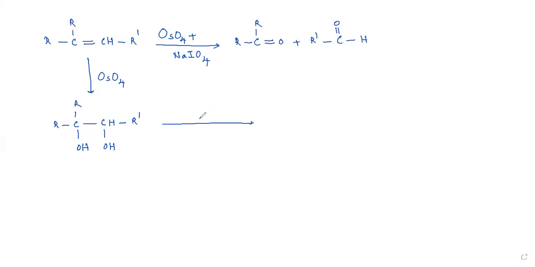But then with the periodate ion, IO4 minus, this IO4 minus gives the final product. It's already there.